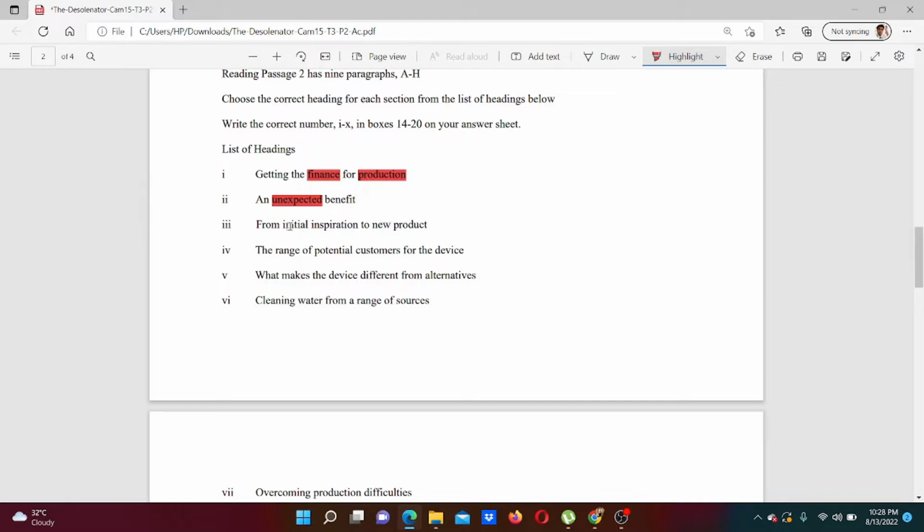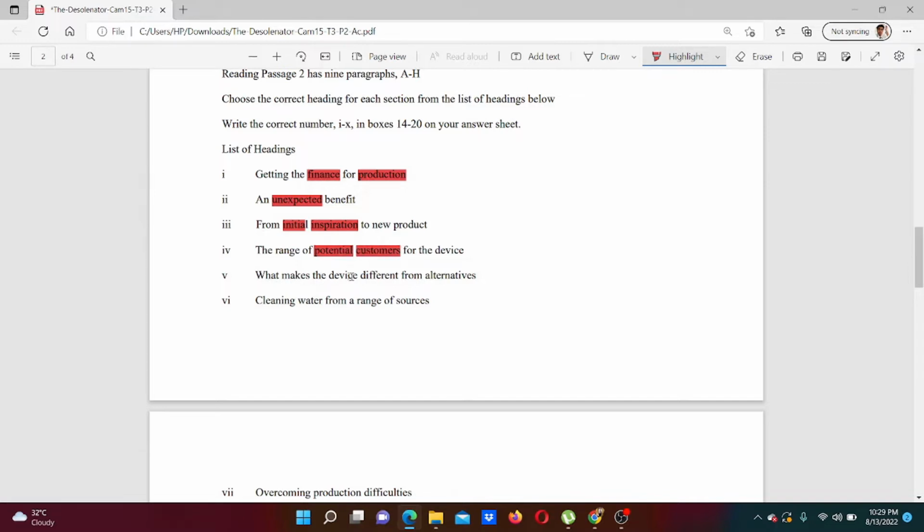So someone got inspiration and then developed a product that he or she got inspiration from. So initial inspiration will be the keyword. And then the range of potential customers for the device. So someone invented a device and they analyzed how important the device is and what potential customers they are getting from inventing those devices.